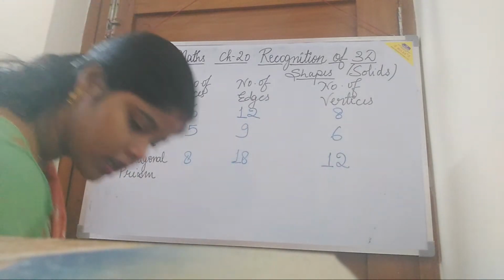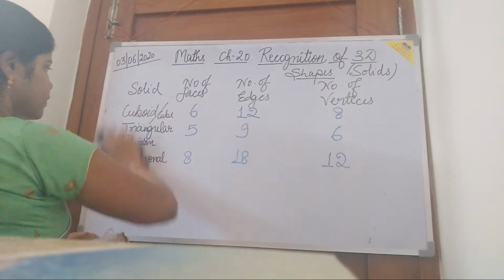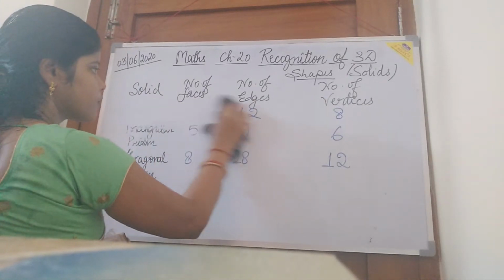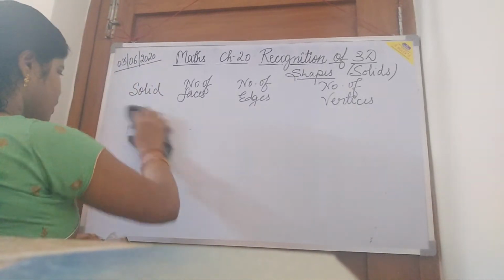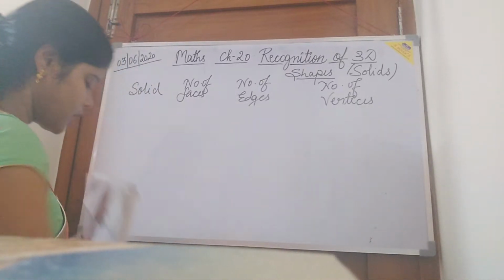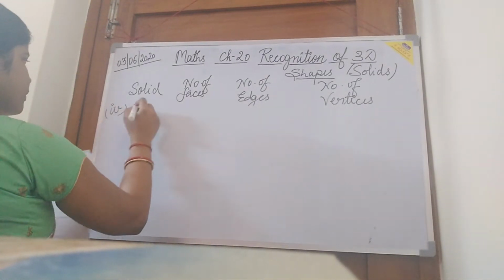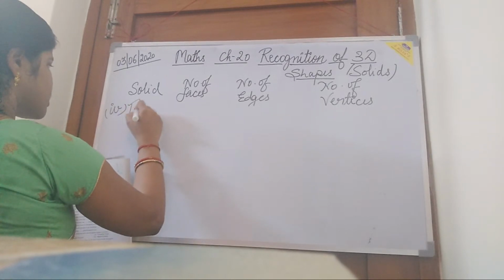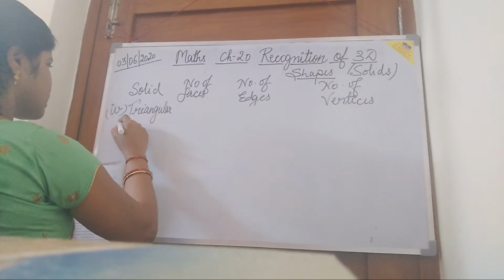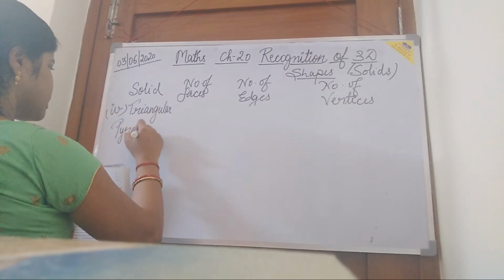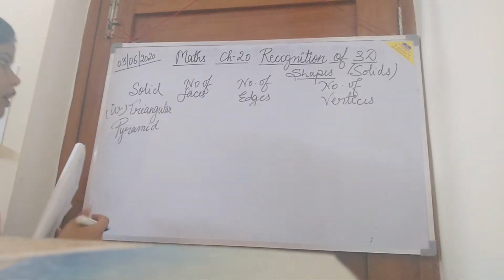Now the next one, triangular pyramid. The fourth solid shape is the triangular pyramid.